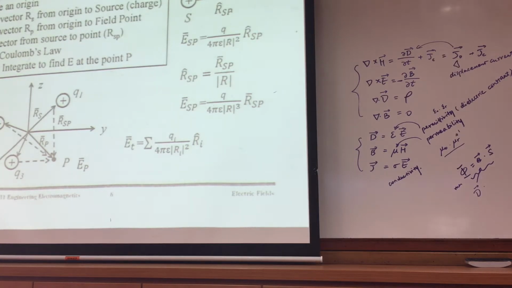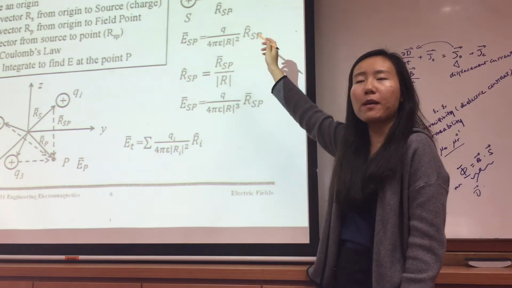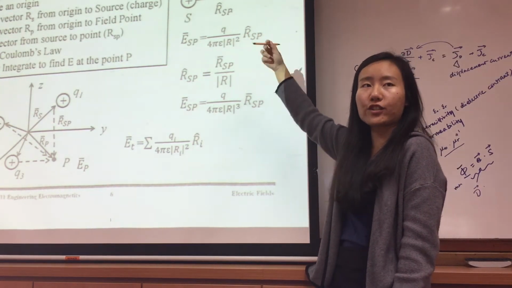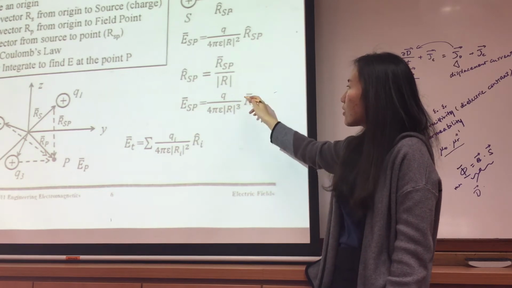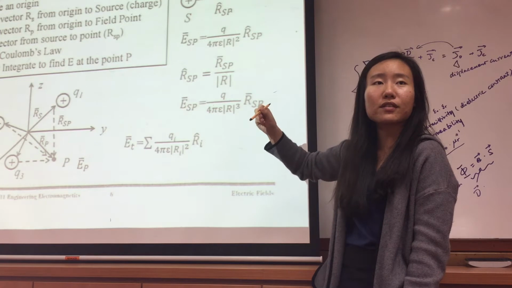Oh, okay, you can see this one has a hat. It's a unit vector. It doesn't have amplitude, it only has direction. This one has both direction and amplitude.